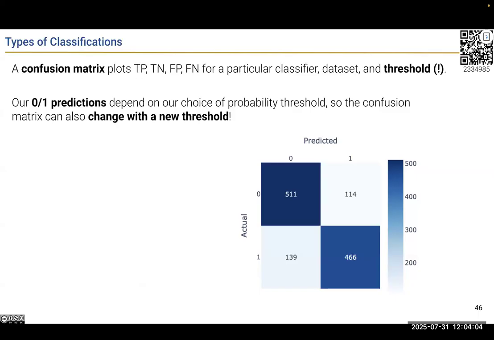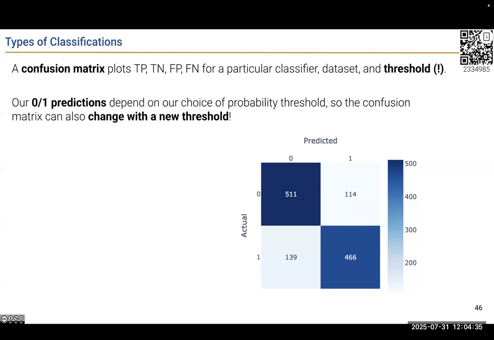Okay, let's pause for a second and think about the numbers in this matrix and what they depend on. These 4 numbers in the confusion matrix will depend on the classifier you build. If you build 2 different logistic regression models, you might have different counts for these 4 types of classification. The data sets you have, of course: if you have a different data set, the numbers in this matrix could be different.